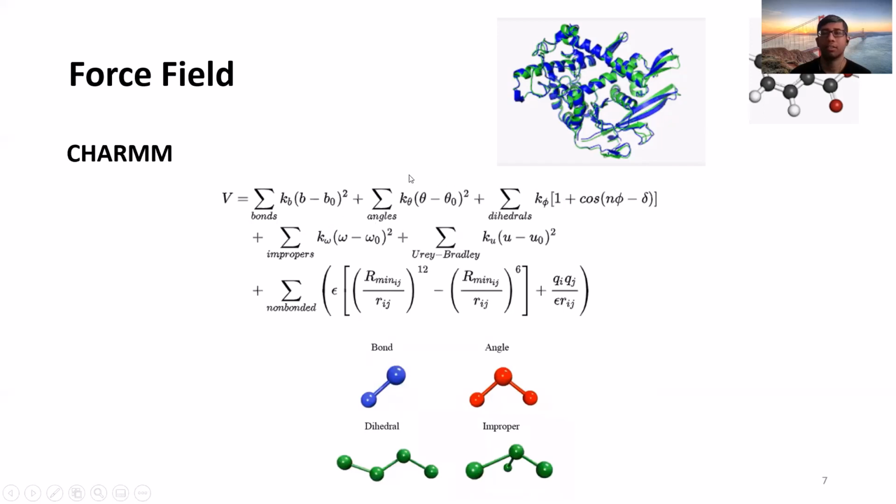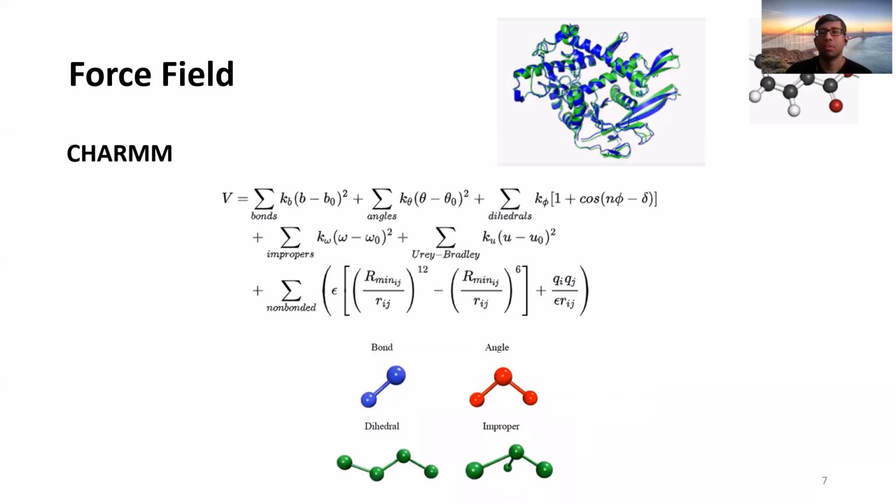Then there is an angle term which talks about the angles that exist between atoms. There are also dihedral terms, improper terms, Urey-Bradley terms. You can search for all of them, and a documentation page from LAMMPS or a CHARMM force field will pop up, and you can go through the details of the theoretical description. And there are also non-bonded interactions, electrostatic, and positional attraction and repulsion terms, as you have seen.